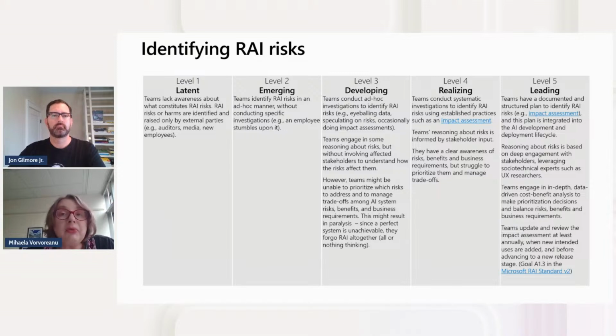And this is what happened to us with Tay, right? But then as you advance in maturity, you have processes and practices in place for risk identification. And those processes and practices are integrated in the day-to-day work of building and deploying AI systems. So you don't really have to think about them, right? They're just a natural part of how you do this.